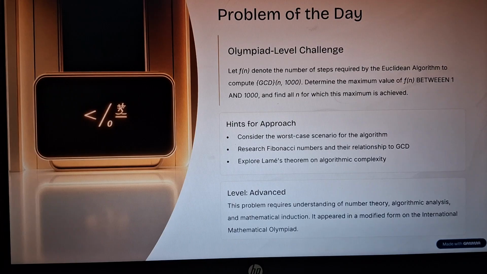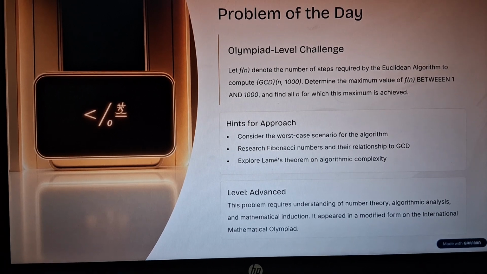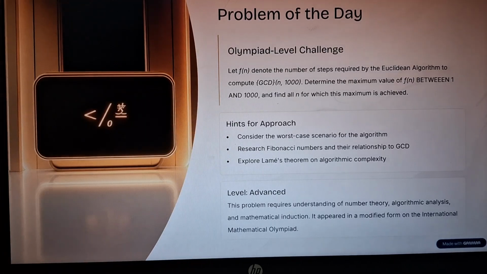Then, while calculating the GCD using the Euclidean algorithm, we need to notice the number of steps we are taking. And between 1 and 1000, there is a certain number for which this is maximum. There might be more than one. It all depends upon how your thought process goes. I have also added some hints for the approach.